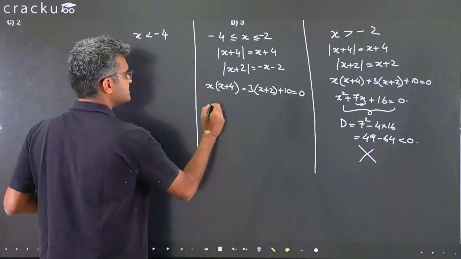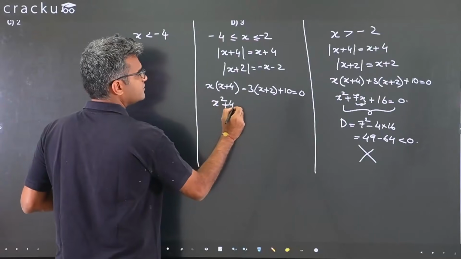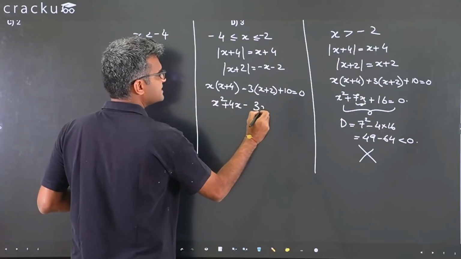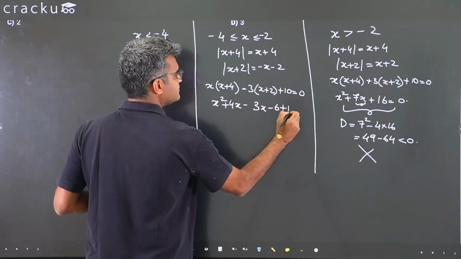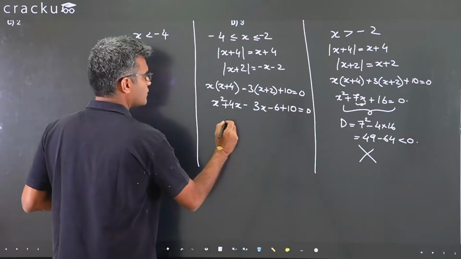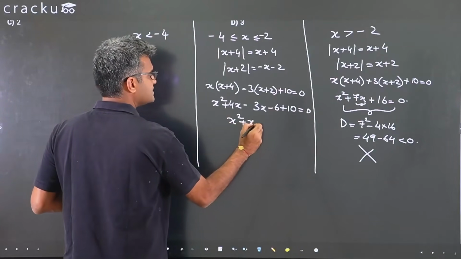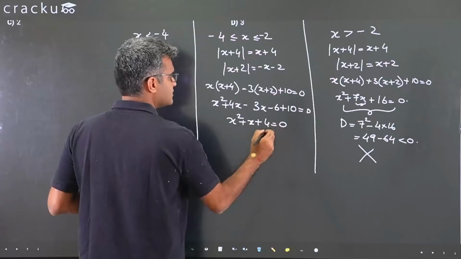This is x square plus 4x minus 3x minus 6 plus 10 is equal to 0. This is x square plus x plus 4 is equal to 0.